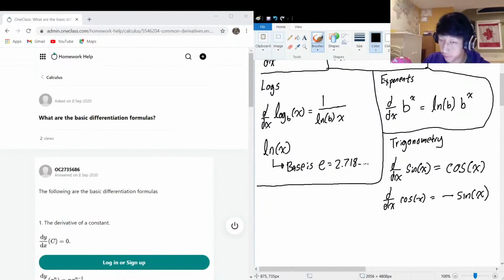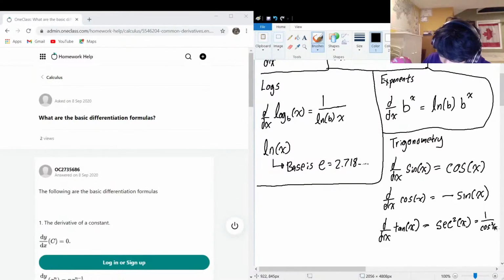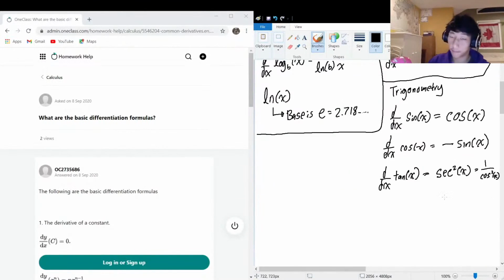And for tan of x, just to be complete, even though tan of x is really just sine x divided by cos x, it equals secant squared of x, which is equal to 1 over cos squared of x. The rest of your trigonometry stuff can be made with respect to sine and cos.